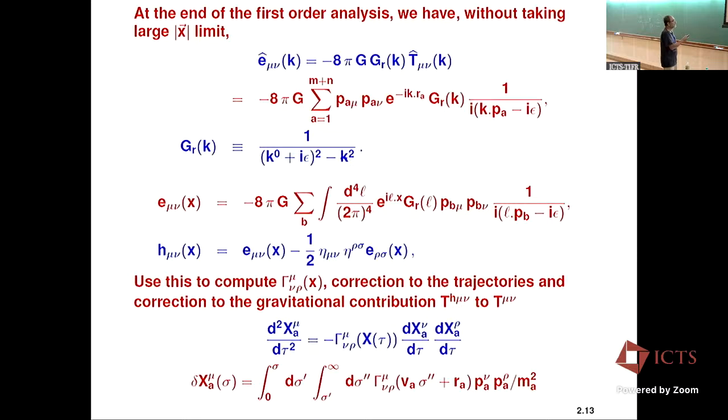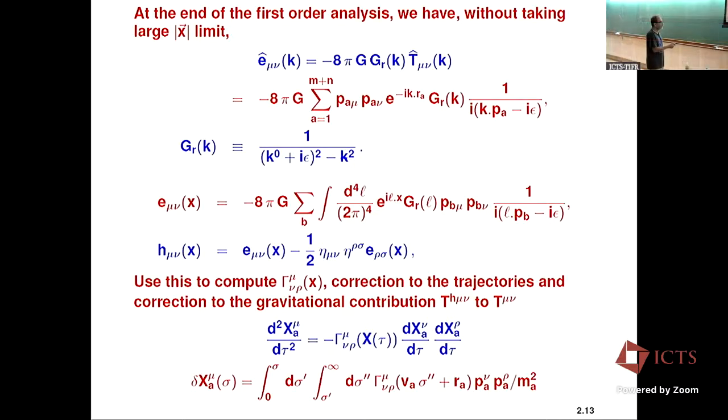So these expressions give the value of the soft graviton field, okay, at a finite point x, right? Because that's what we are going to use now to calculate the Christoffel symbol and see how it affects the motion of the other particles. So this is the equation, right?